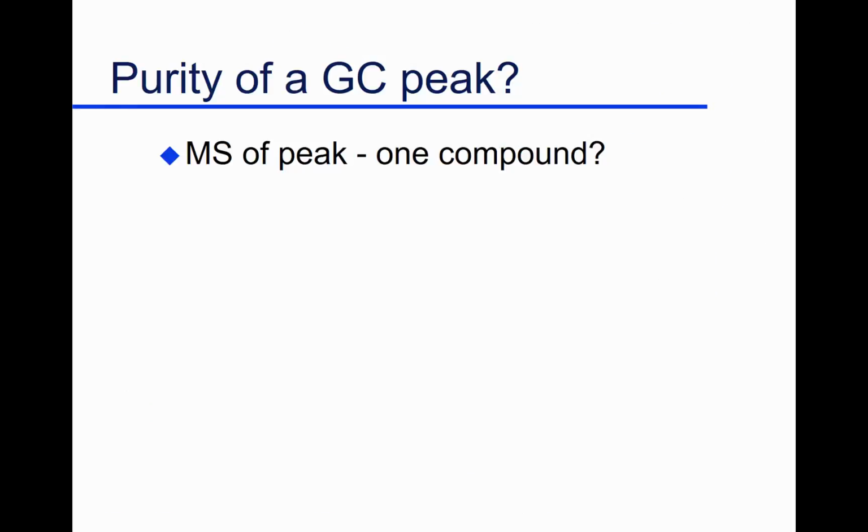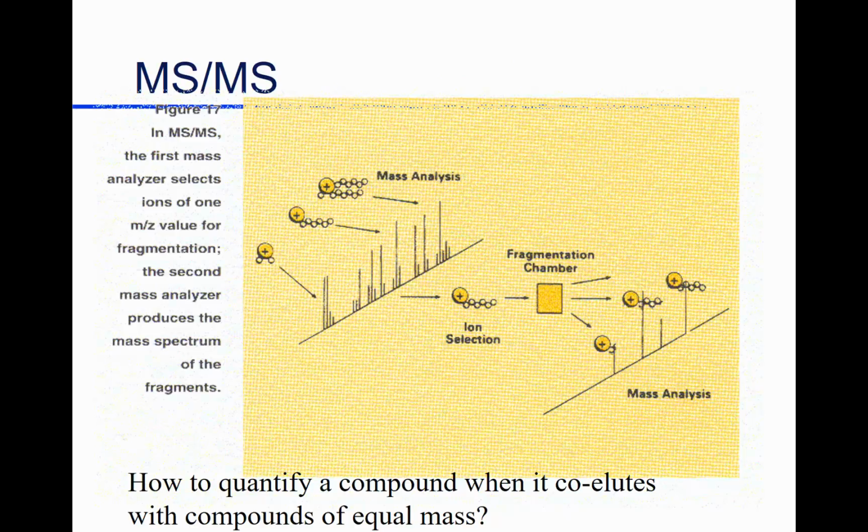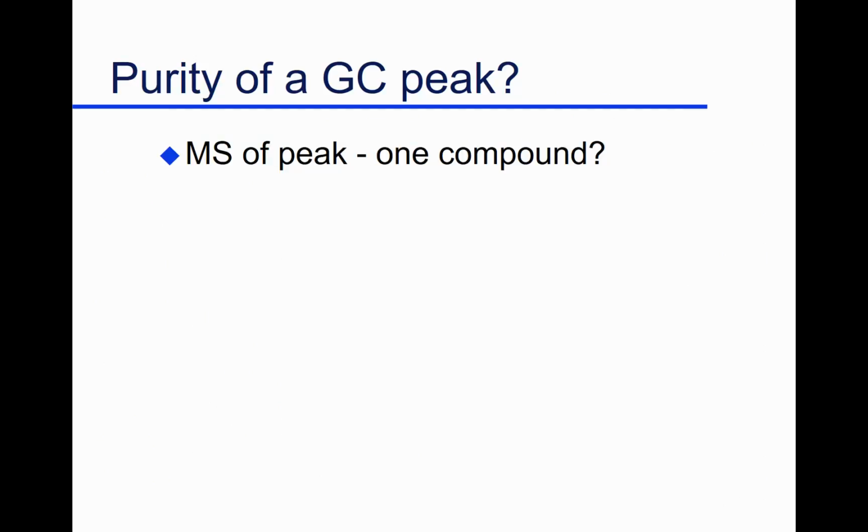So purity of a GC peak, or an LC peak for that matter, is really important. As I mentioned before, we've got something like over 6 million compounds identified, logged into the American Chemical Society. And so you're doing your analysis and you'll get a peak right there, another one right there.